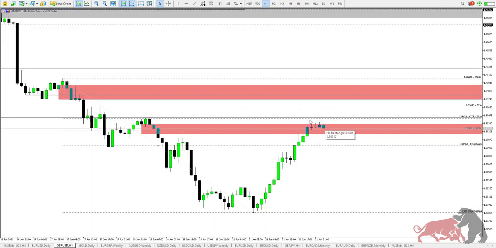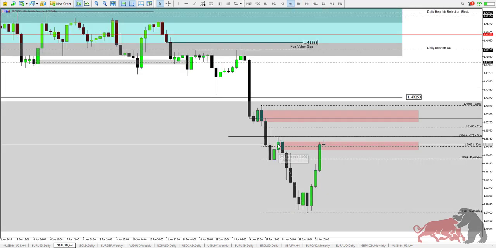There's no more momentum to push to the upside inside this H4 bearish order block, right around 1.39231, the 62% retracement level. Now in terms of premium, you're looking for price to be above the 62% retracement levels.